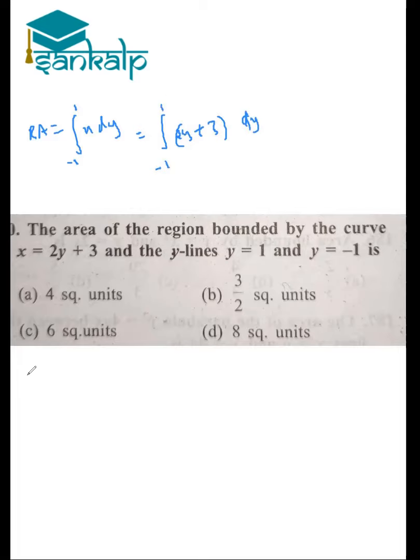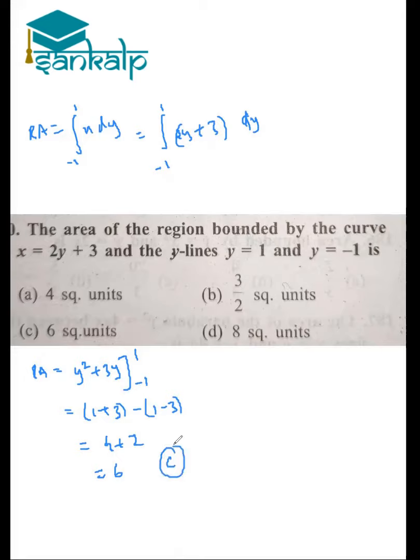So on simplifying it further, required area will be equal to y square plus 3y from minus 1 to 1. And on simplifying we get 1 plus 3 minus 1 square is again 1 minus 3. So 4 plus 2 which is equal to 6 square units. Option C is the right option.